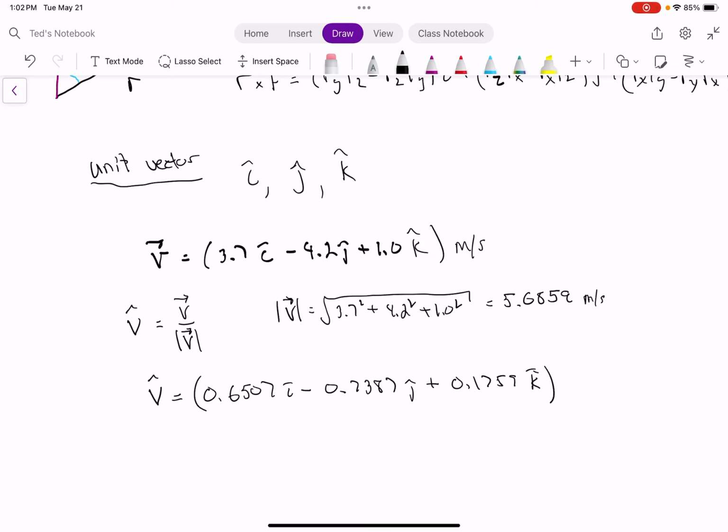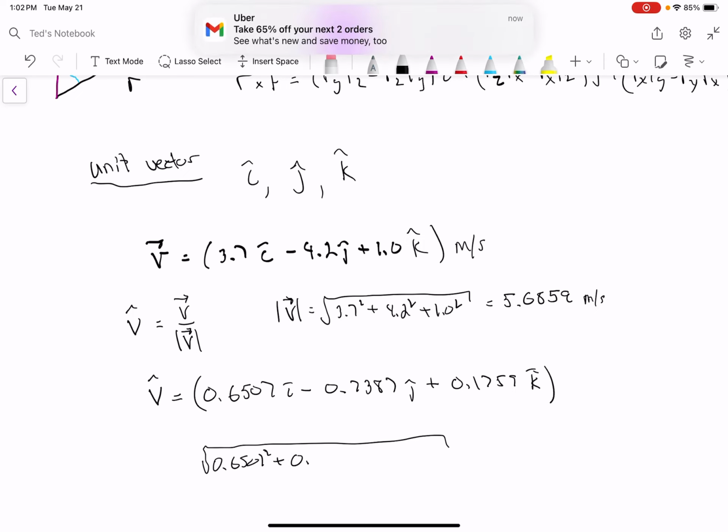To double check that, we can do the square root of 0.6507 squared plus 0.7387 squared plus 0.1759 squared.